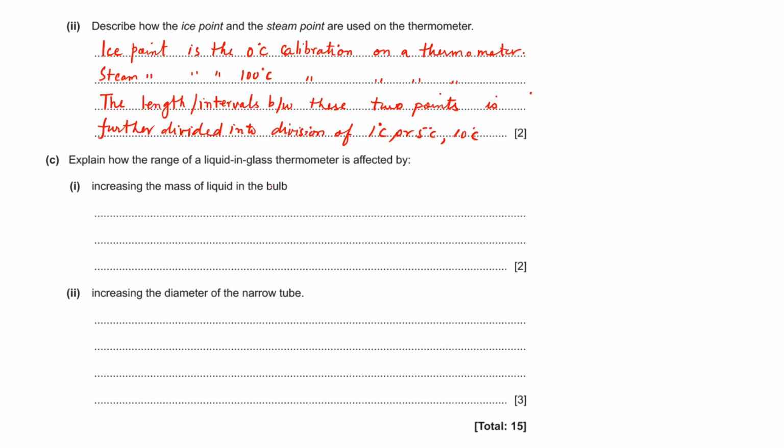If I have a thermometer that is calibrated for m amount of mass, and we increase the mass by twice, then if we were able to measure 100 degrees, we may not be able to measure 100 degrees, because the rise or decrease in temperature will result in more expansion of liquid into the calibrated tube. So this is what we have to write.